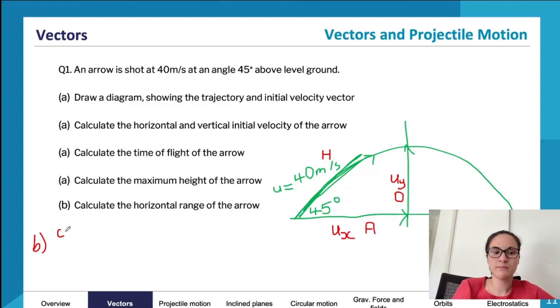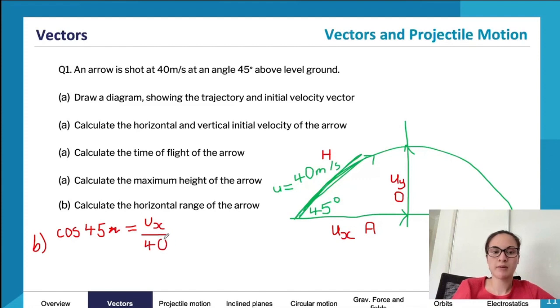So cos 45 degrees multiplied, oh not multiplied, sorry, that was a mistake. Cos 45 is equal to ux divided by 40, because that's our hypotenuse.